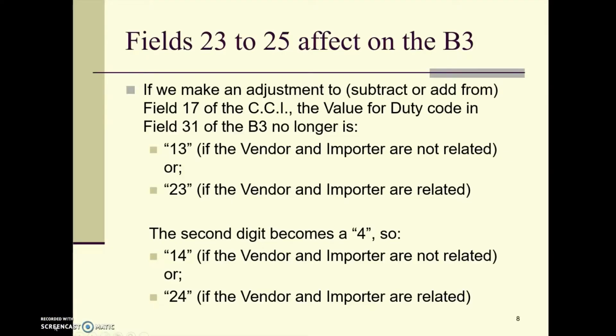So if we are going to make an adjustment to field 17 of the CCI, it affects the B3, obviously. And we have to tell customs that we have made an adjustment. If we make an adjustment to subtract or add from field 17 of the CCI, the value for duty code in field 31 of the B3 no longer is 13 if the vendor and the importer are not related, or 23 if they are related.